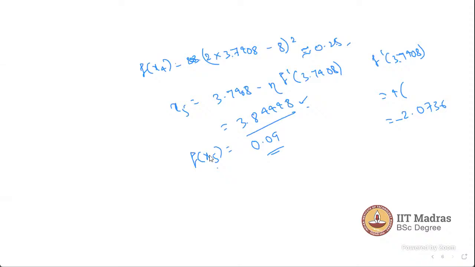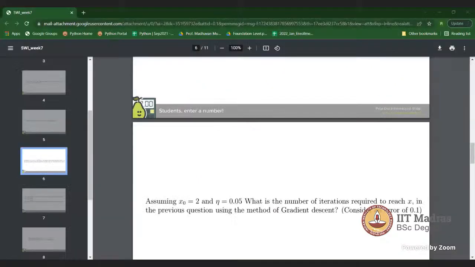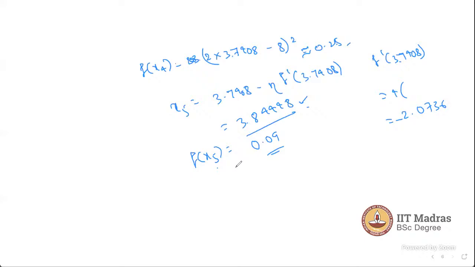Sir, I have a doubt here. Since the error is given as 0.1, and we know that the minimum value occurs at x equal to 4, shouldn't the range be 3.9 to 4.1, plus or minus 0.1 of 4?